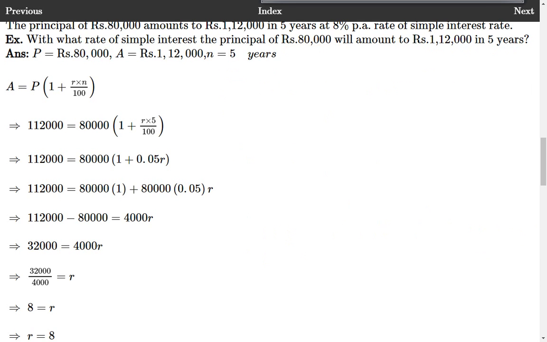So let us do the first step: write down the given data. P is given as 80,000. Amount is given as 1,12,000 and number of years is 5 years. Now this is the first step. In the second step, write down the formula which we are going to use.